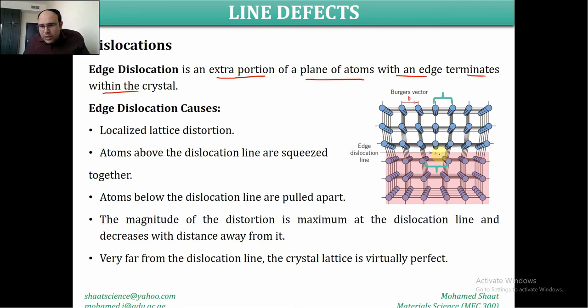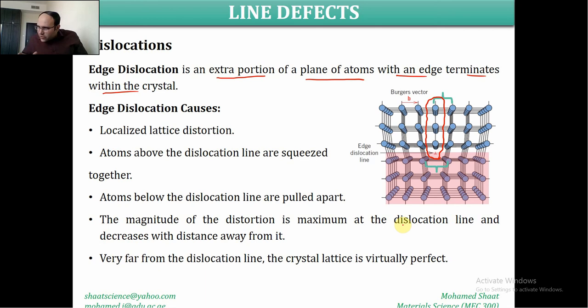But for some reason, as you can see, if you observe this half plane, this portion of a plane is somehow squeezed inside the other planes, and it terminates inside the crystal. This entire thing is a crystal. So this plane is not splitting the crystal entirely.